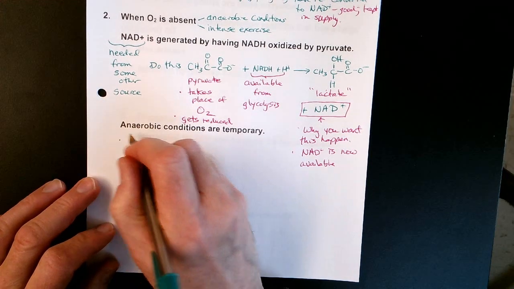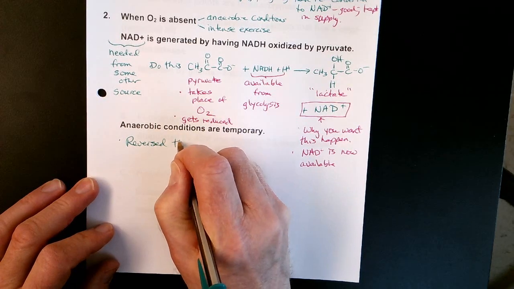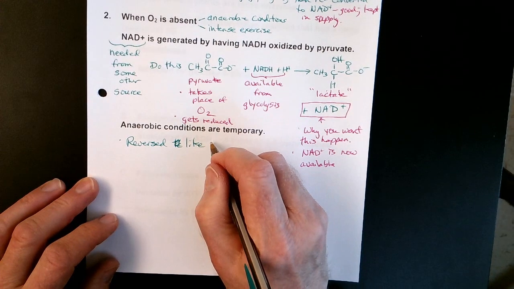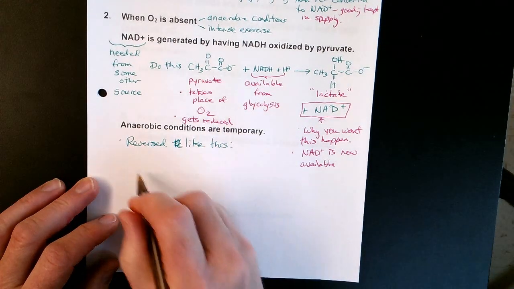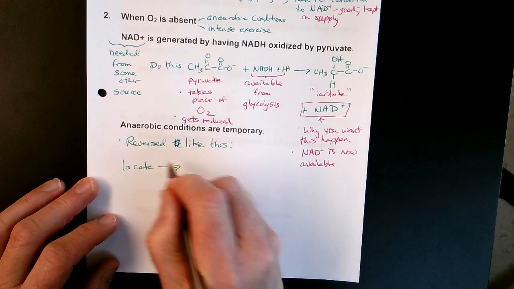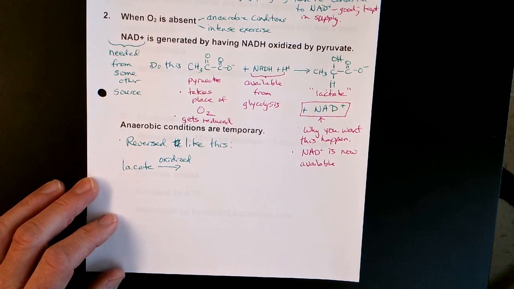So here's how they get reversed. Your temporary conditions are reversed like this. Lactate gets oxidized, and we don't need to worry about the exact compound that does it.